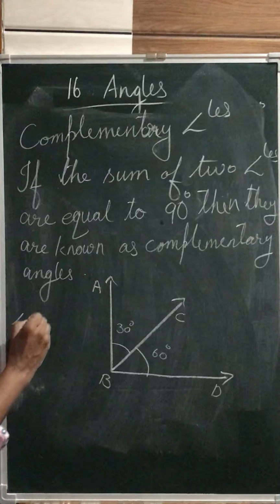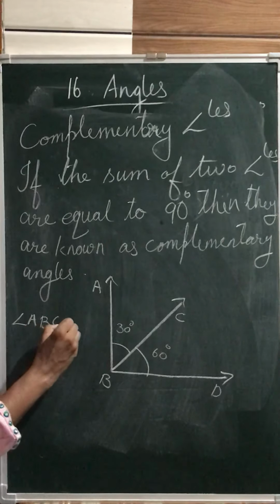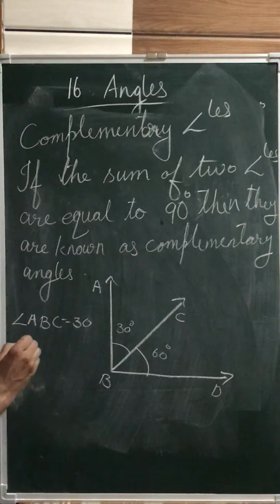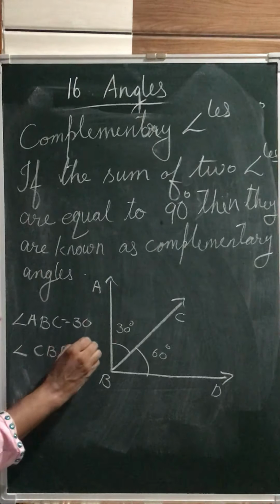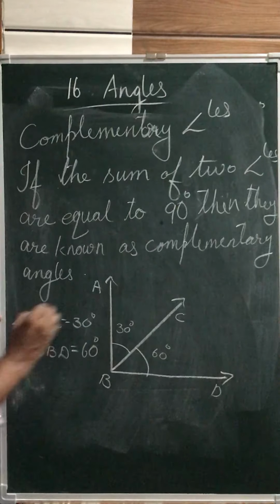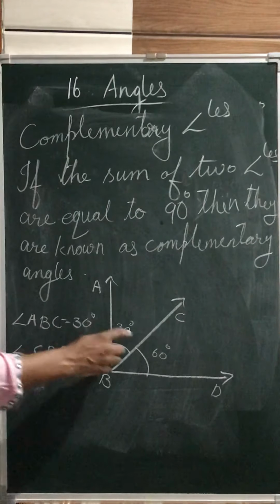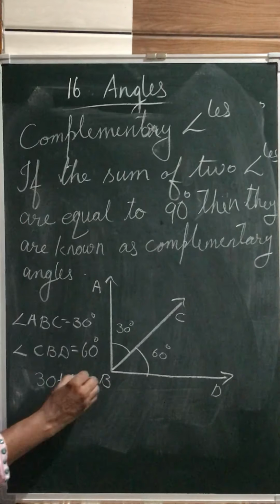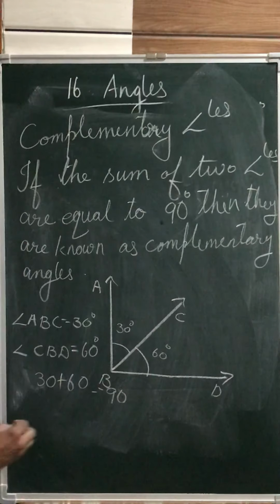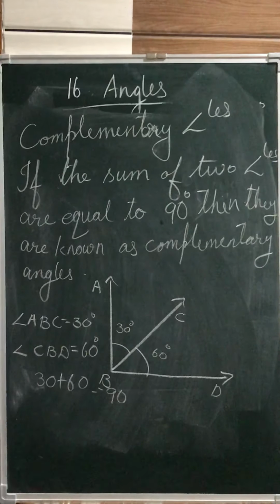Then angle ABC equal to 30 degree. Angle CBD equal to 60 degree. The sum of these two angles equal to 30 plus 60 is equal to 90. So they are complementary angles.